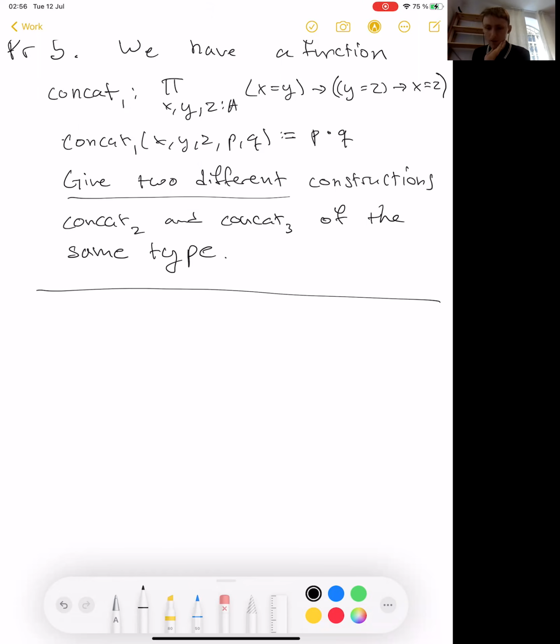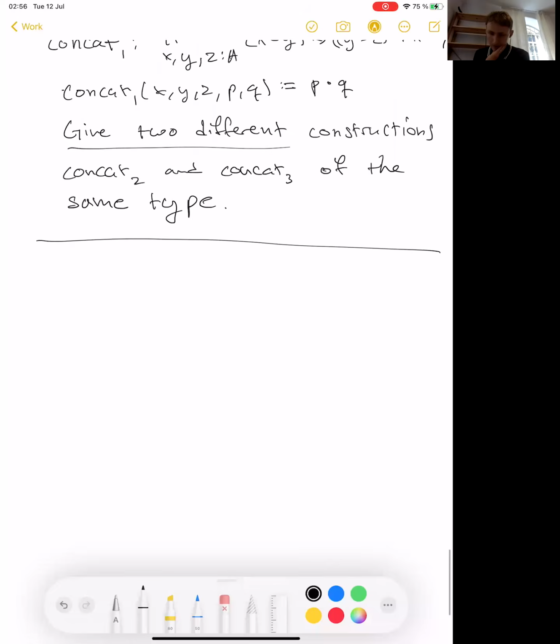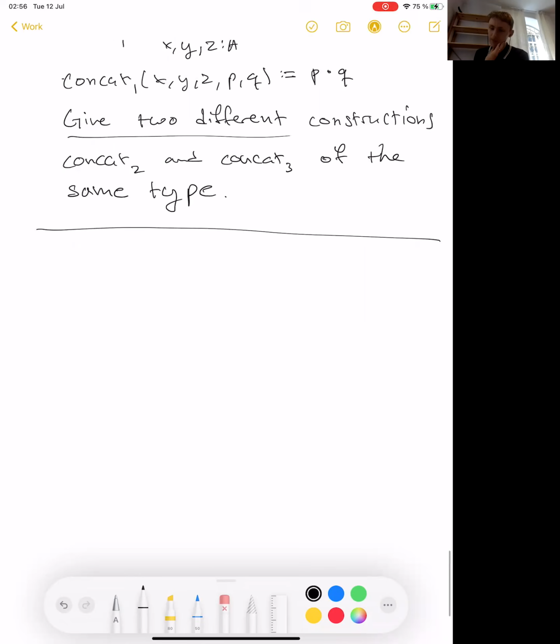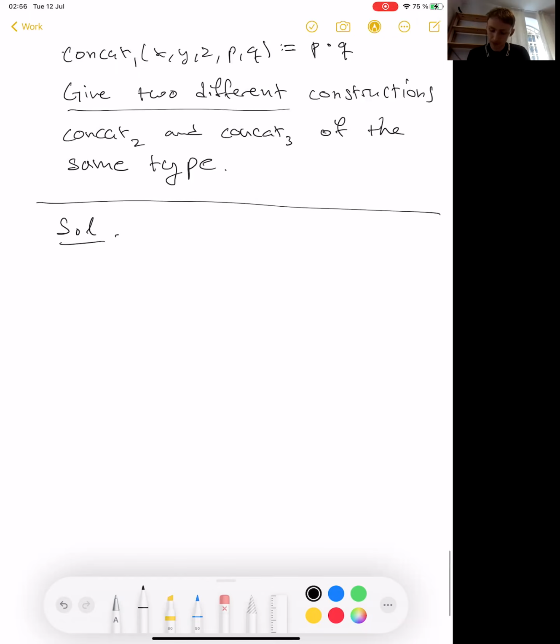So P composed with Q is defined by refl composed with Q. But we can ask ourselves, what happens if we apply path induction or identity elimination on the second argument instead? So we're given X, Y, and Z in a path P from X to Y, and a path Q from Y to Z.